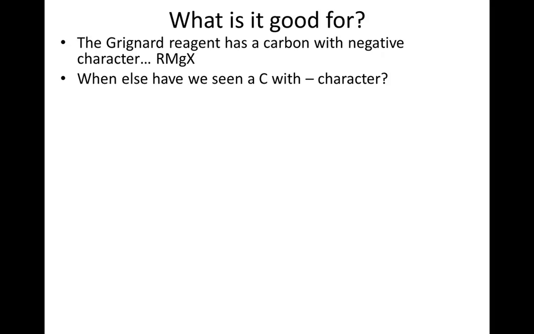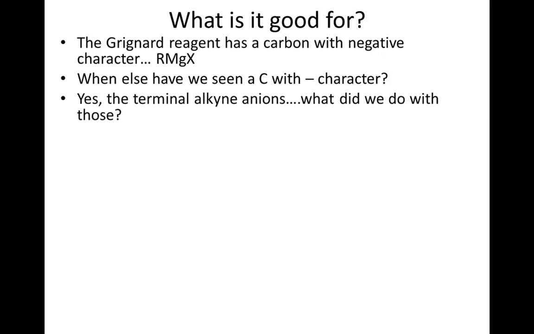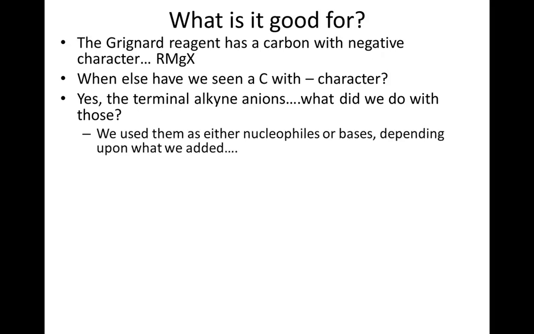We most recently did see that when we worked with terminal alkynes. We were able to make a terminal alkyne into an anion, and then what do we do with that? Well, you can use those terminal alkynes as nucleophiles or bases depending on whatever you put in there.